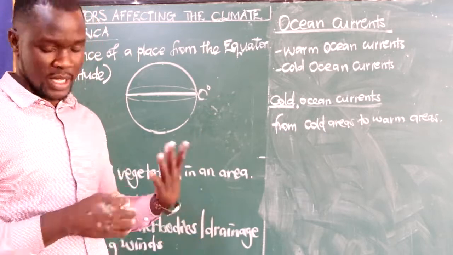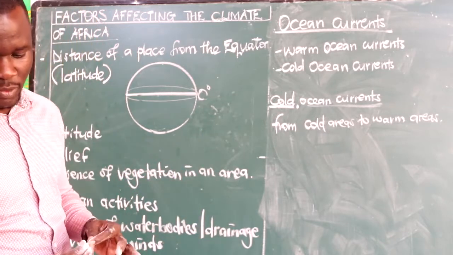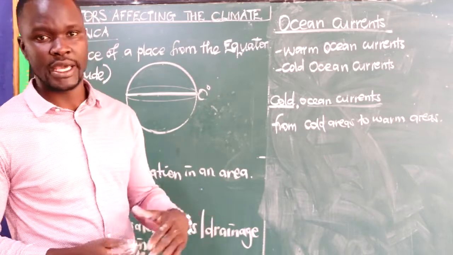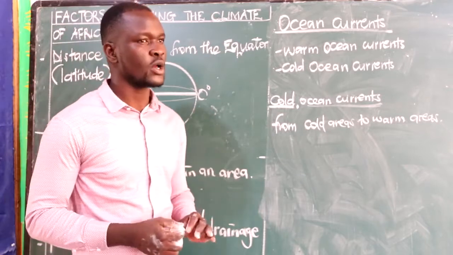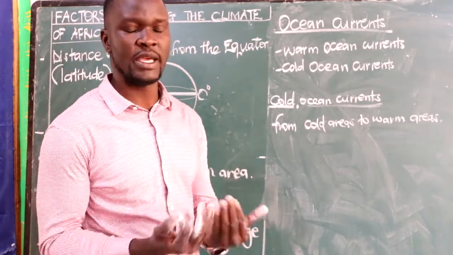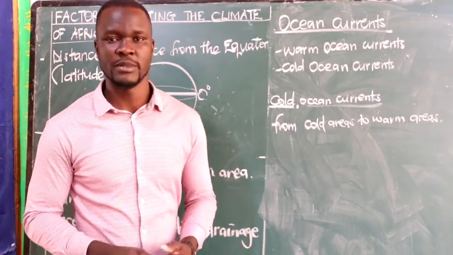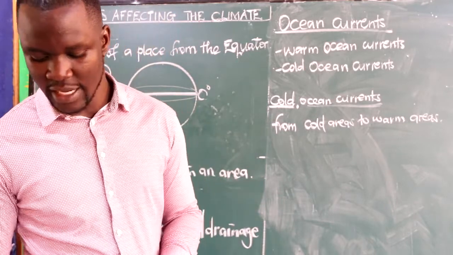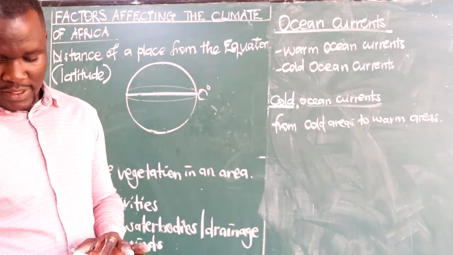Whereas the warm ocean currents are the ones that blow from warm areas to cold areas. When they reach the cold areas, of course they are warm. Now they pick the moisture and help in the formation of rain, and the area will be receiving rain.